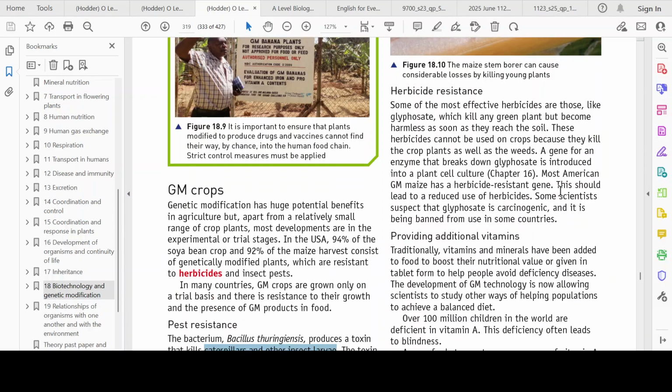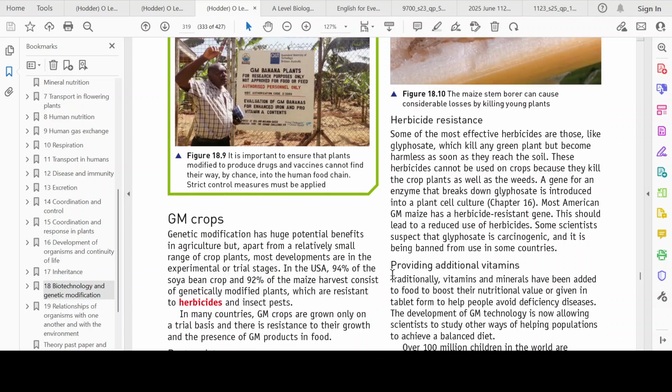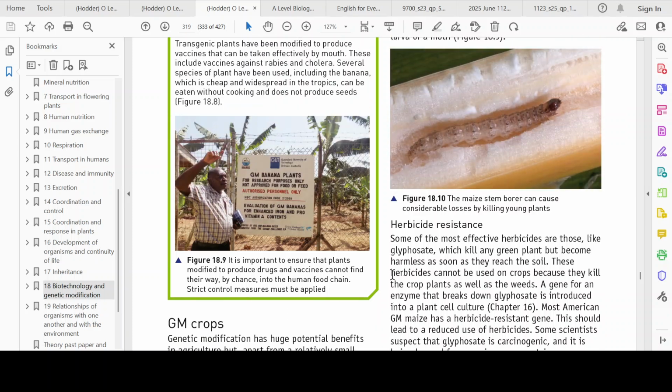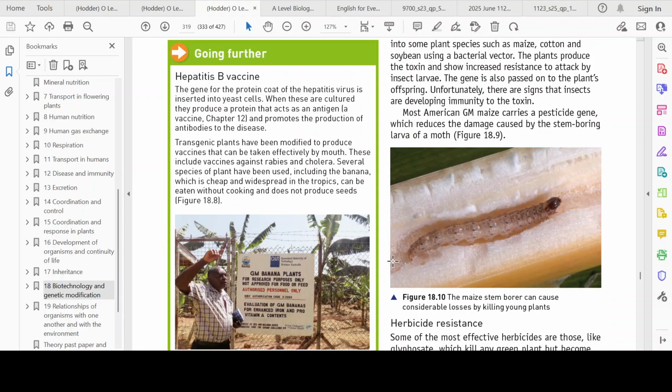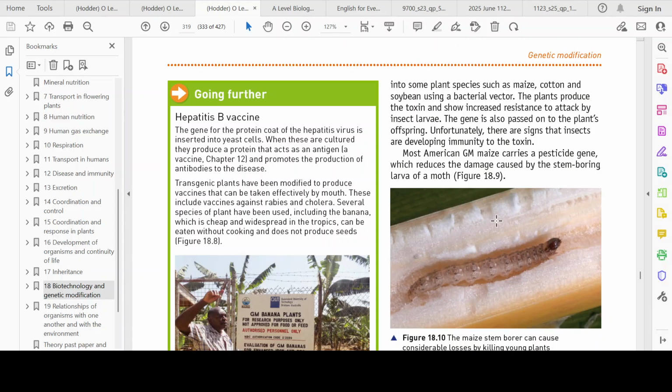So, right, this bacteria that produces a toxin for these caterpillars and their larvae, it's introduced into crop plants such as maize, right? Because the maize has these stem borers that eat through the plant, and so the plant does not stay up straight, it bends and drops, and so that kills the plant.